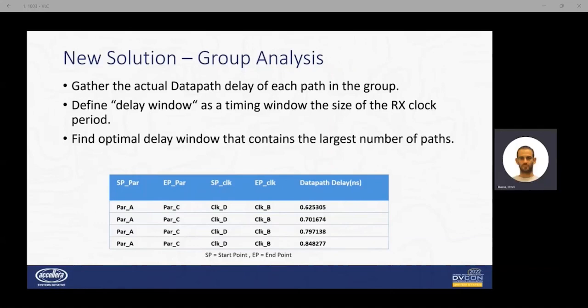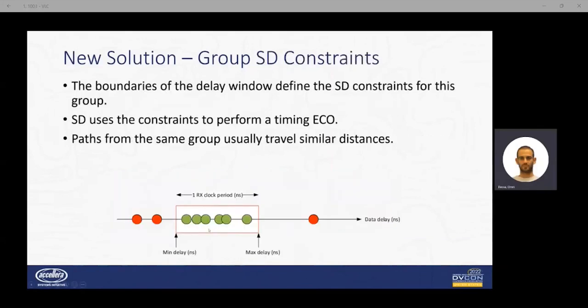After we find this timing delay window, we'll mark all of the paths that are in this window as green dots, and all of the paths that are outside of this window as red dots. From this window, we'll set the min delay as the beginning of the window, the max delay as the end of the window, and we'll give those constraints to the SD team. So we generated a constraint for the group.